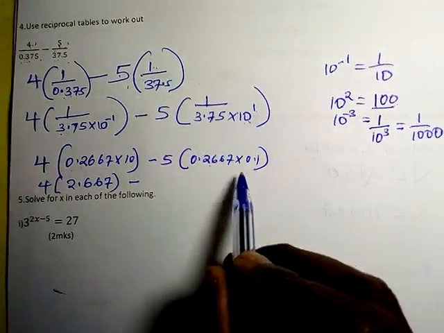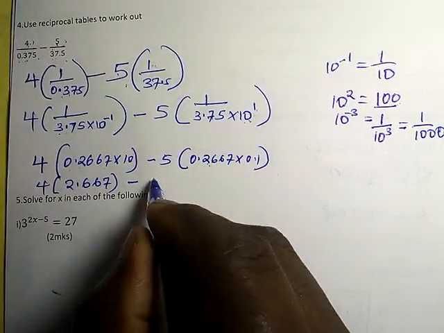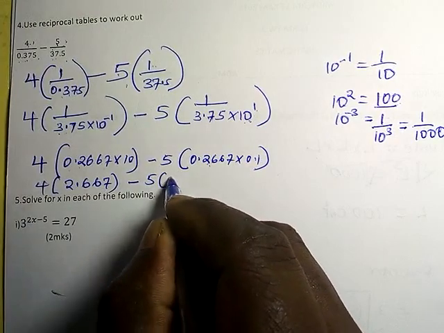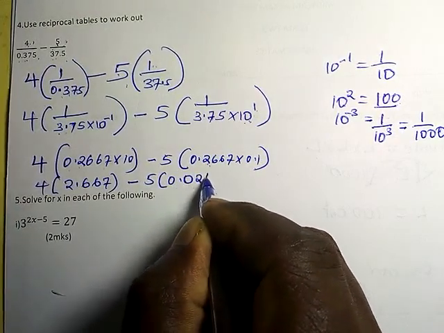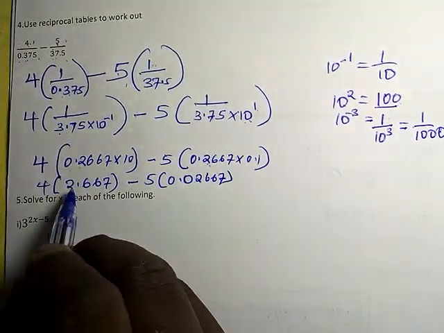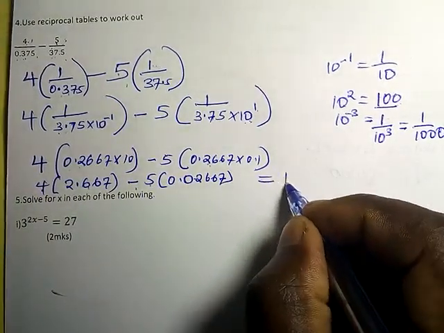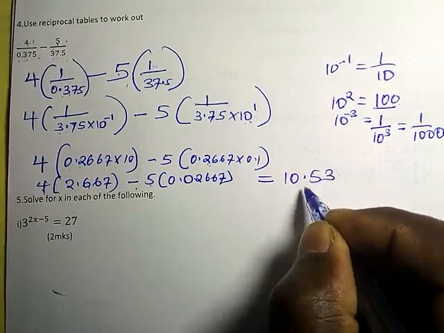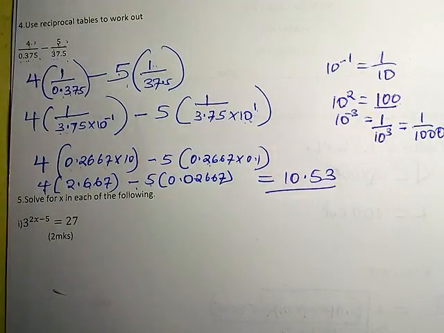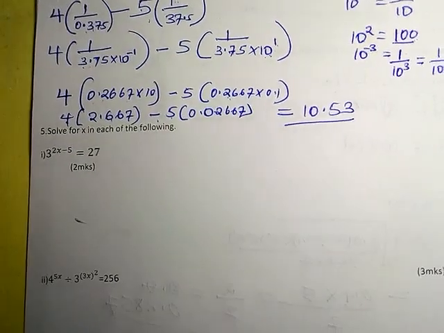So 0.1 times this number becomes 5 times 0.02667. So when you multiply 4 times this number minus 5 times this number, the answer should be 10.53. And that's how you do the reciprocal of numbers.